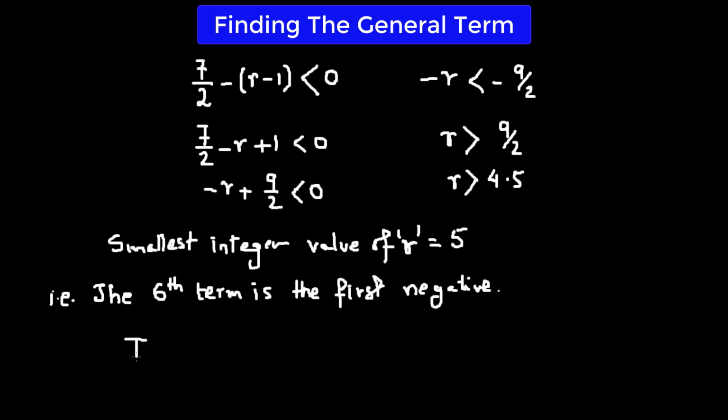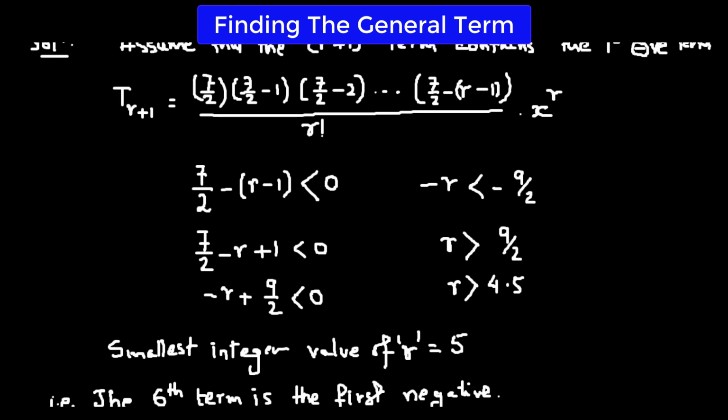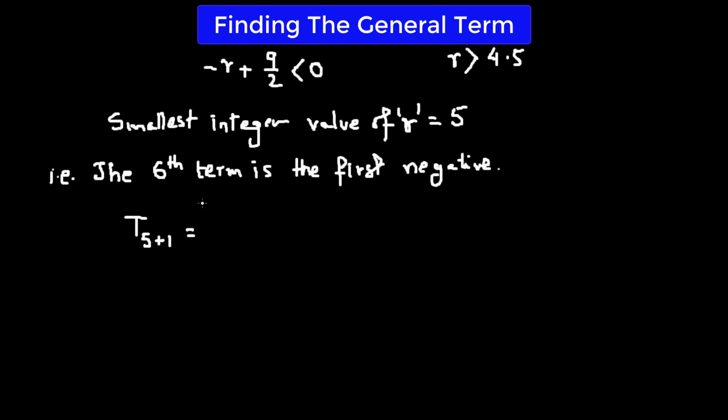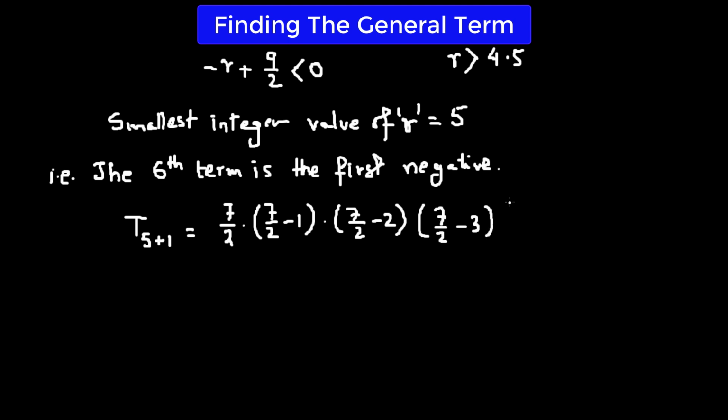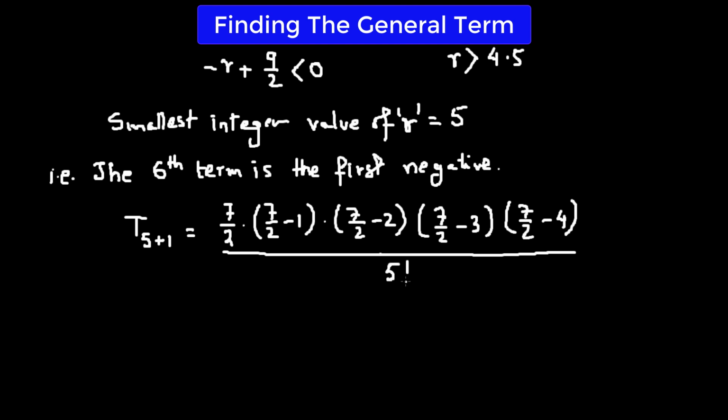We have t_(5+1) equal to, plugging the value 5 into our general term, 7/2 times (7/2 - 1) times (7/2 - 2) times (7/2 - 3) times (7/2 - 4), divided by 5 factorial, times x^5.